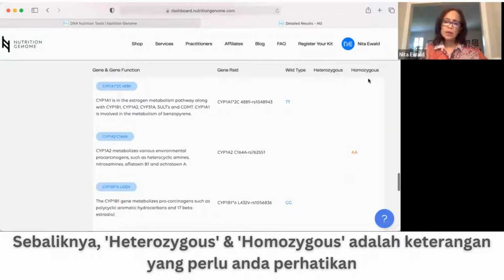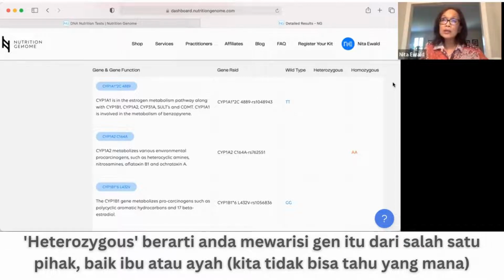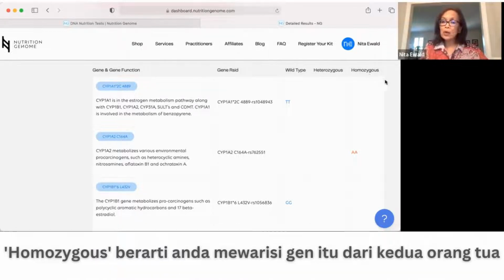The heterozygous and homozygous, on the other hand, are what you need to be paying more attention to. The heterozygous is when you inherited from one side of the parent, either your mom or your dad. We don't know which one. The homozygous is when you inherited from both sides.